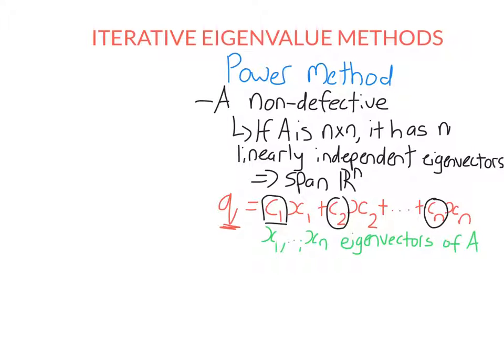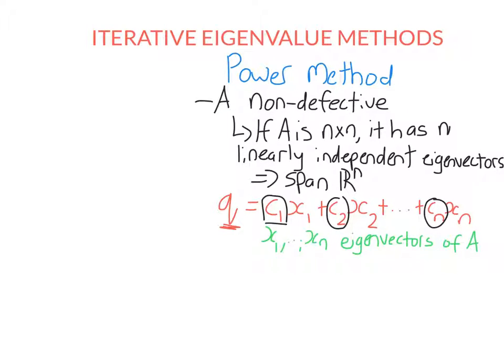For each of these weights ci that is not zero, it means that q points in roughly the same direction as the eigenvector xi. So if c1 is not equal to 0, that would mean that q, to a degree, points in the same direction as x1. There is some component of q that is in the same direction as x1.